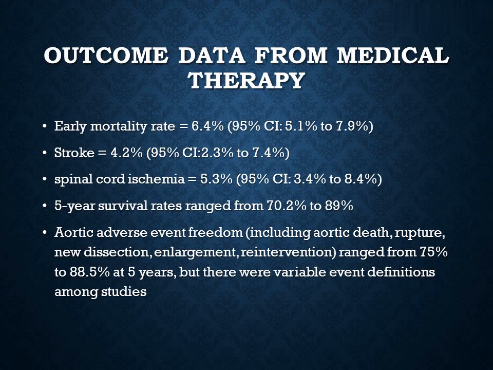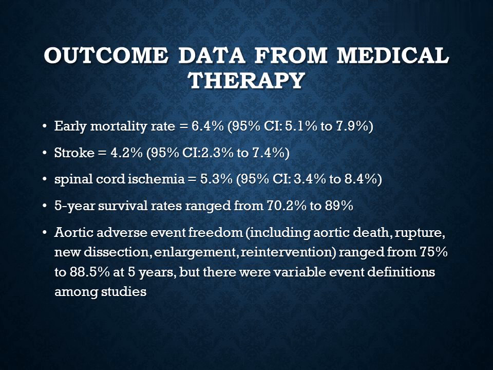Outcome data from medical therapy. Early mortality rate equals 6.4%, 95% CI 5.1% to 7.9%. Stroke equals 4.2%, 95% CI 2.3% to 7.4%. Spinal cord ischemia equals 5.3%, 95% CI 3.4% to 8.4%. 5-year survival rates ranged from 70.2% to 89%.